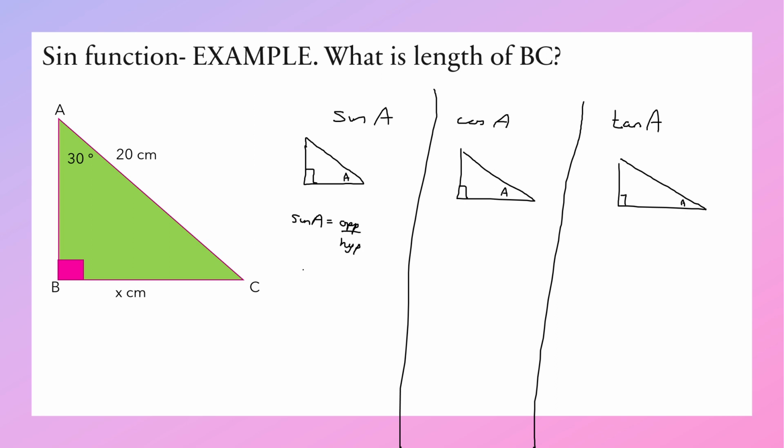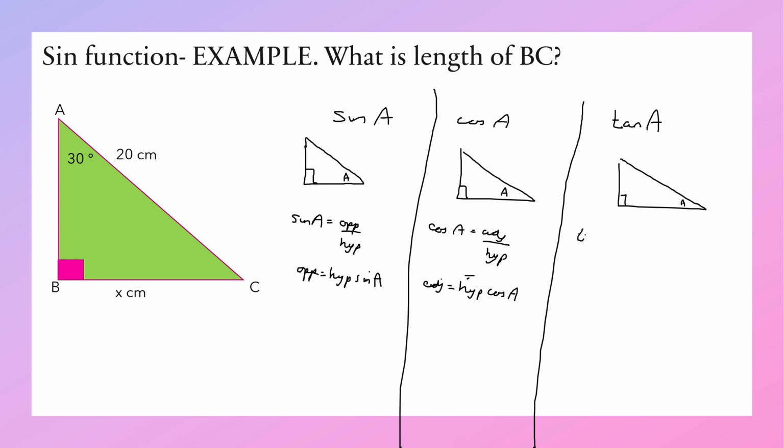We looked at opposite equals hyp times sine A. Now you don't need to remember these, but I'm just showing you that these relationships exist again. And we said that cos A is equal to adjacent over hypotenuse, and therefore adjacent is equal to hyp multiplied by cos A.